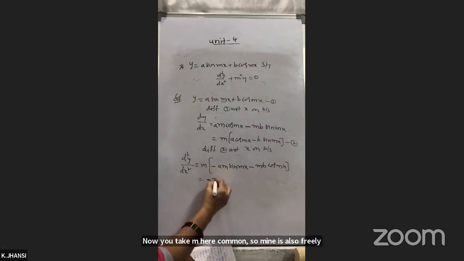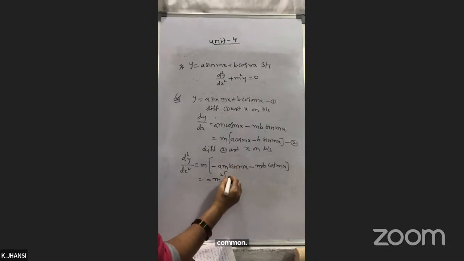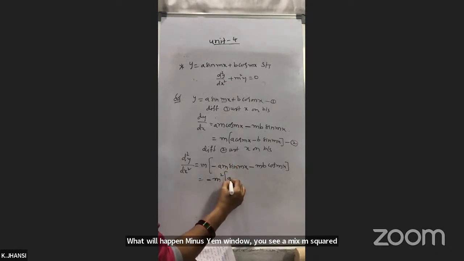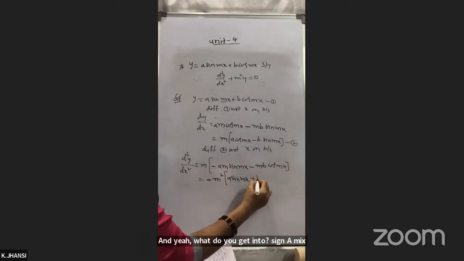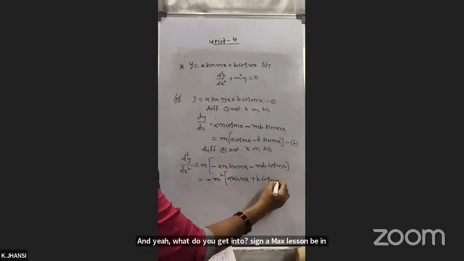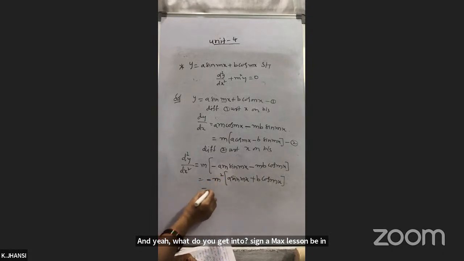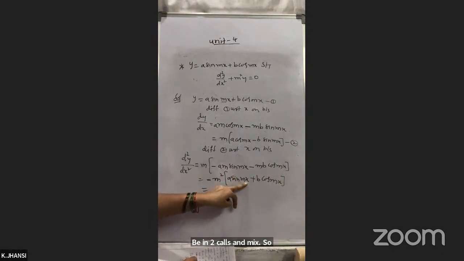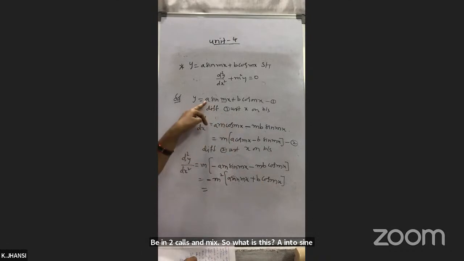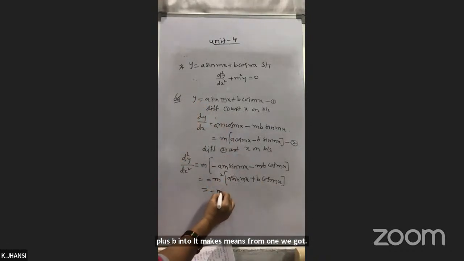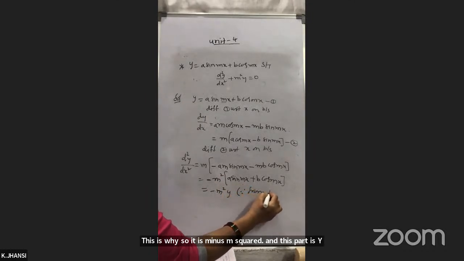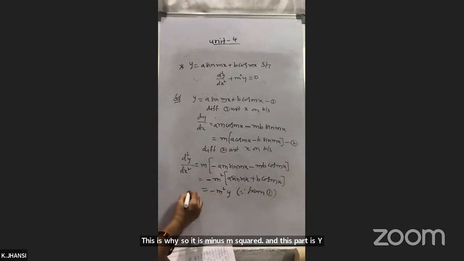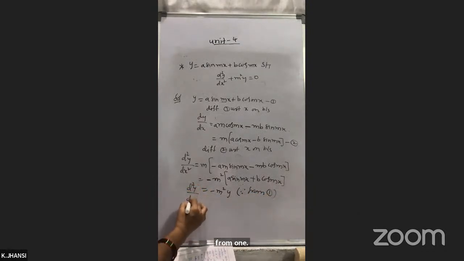Minus m into m means m square, and here you get a sin mx plus b cos mx. Okay. So what is this, a sin mx plus b cos mx? From 1 we got, this is y. So it is minus m square y.